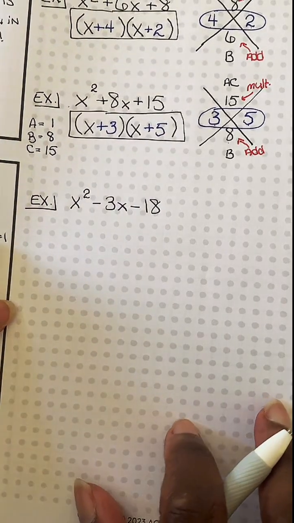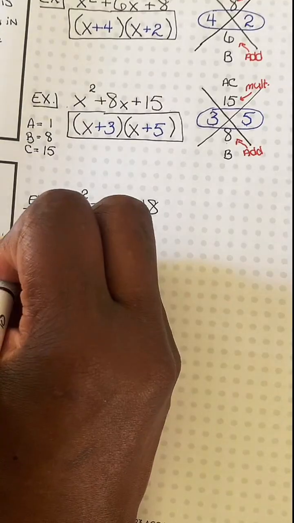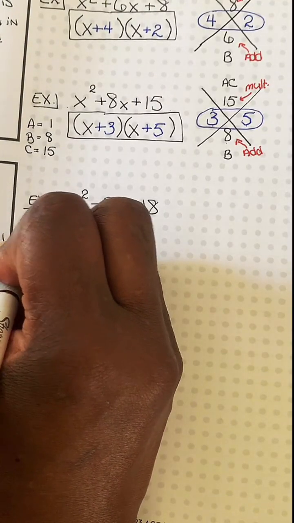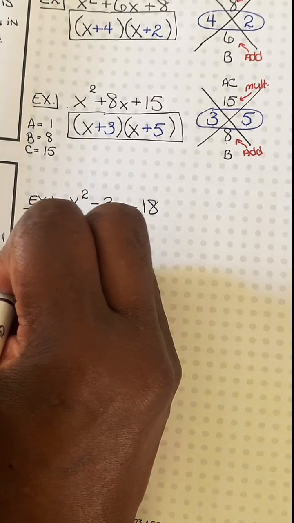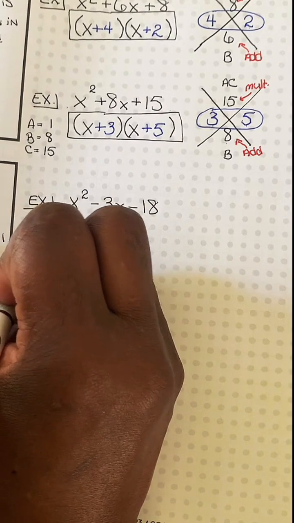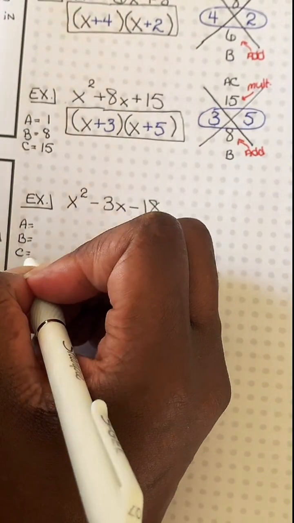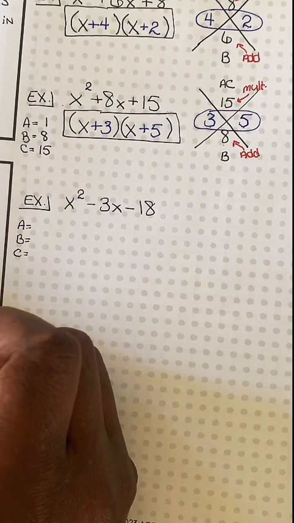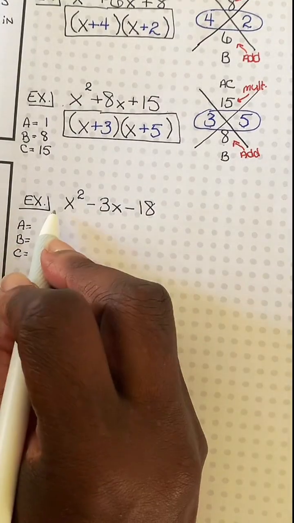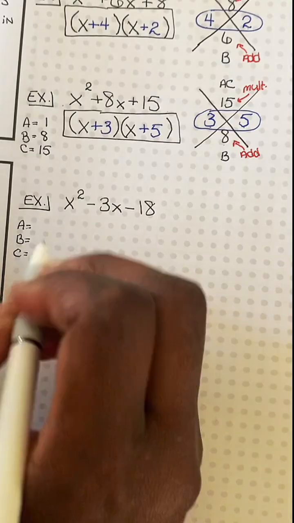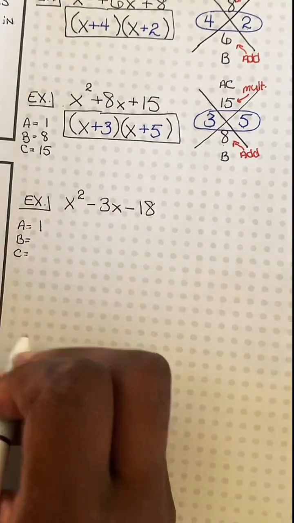Okay, problem. All right, so first thing, my A, my B, and my C. My A is always the coefficient of the x squared, which is 1.